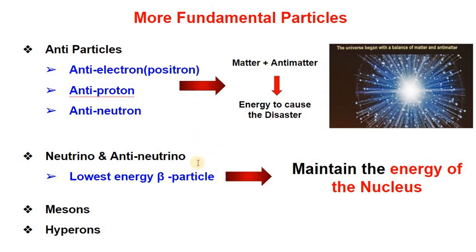So when these particles are released from the lowest energy nucleus, these other particles have to be considered. That means the neutrino and antineutrino maintain the energy of the nucleus, so that the principle of conservation of energy is followed by the nucleus.